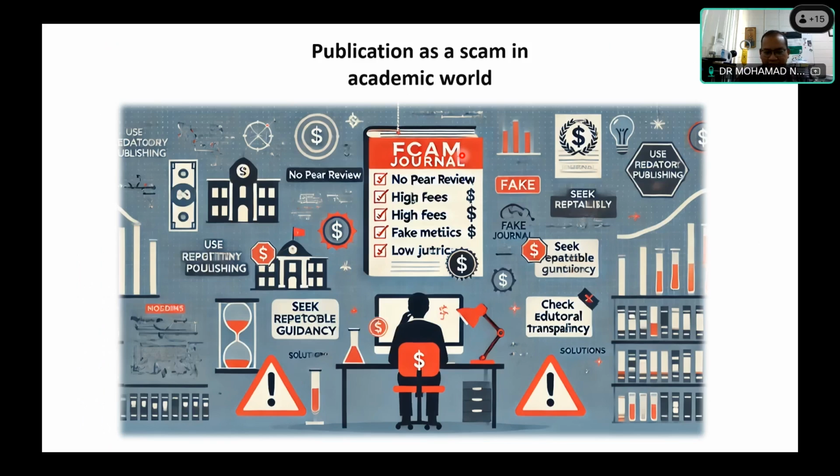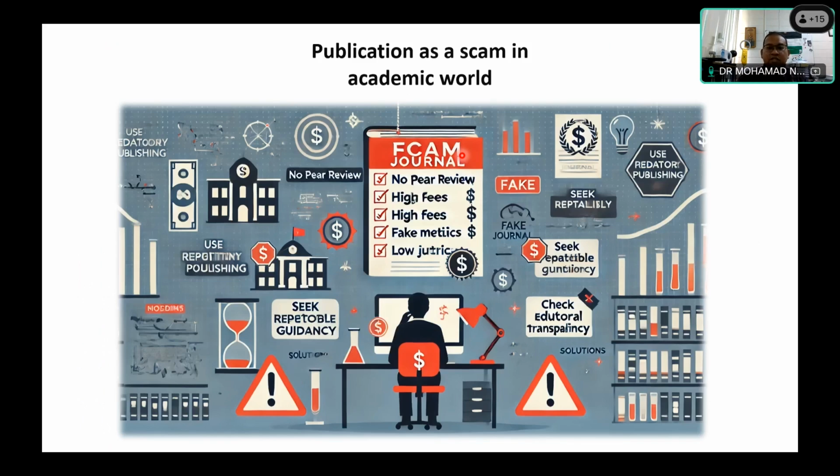But for MDPI, even though it's under probe by our ministry, at least they gave me a 100 CHF voucher. If I help them review articles, in return they give us 100 CHF in voucher that I can use for the submission of my journal.